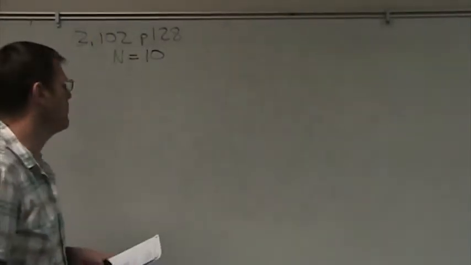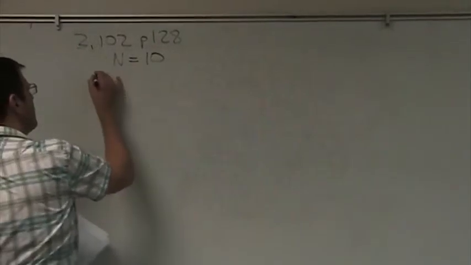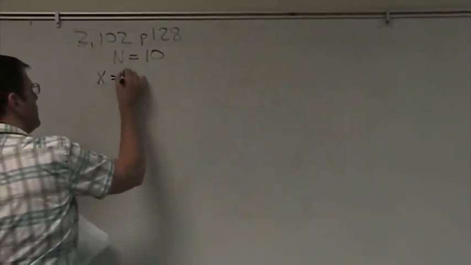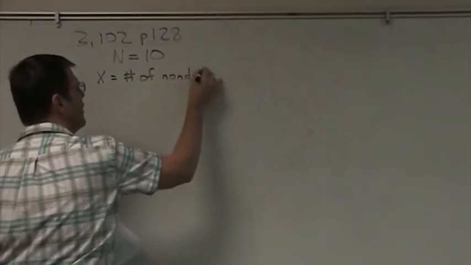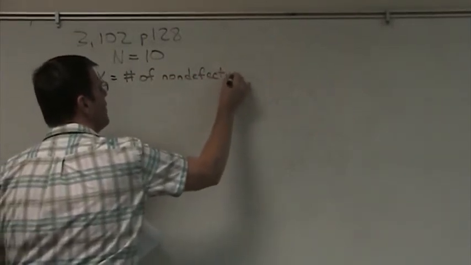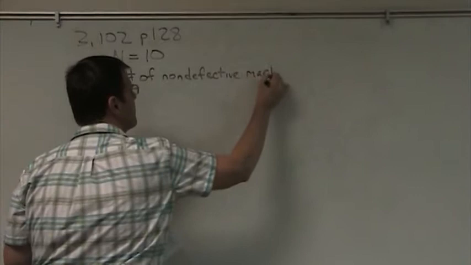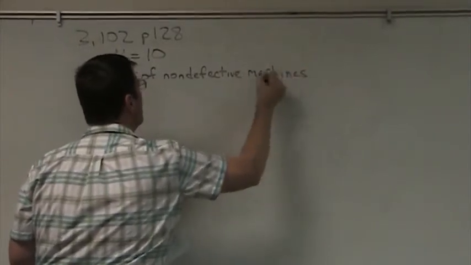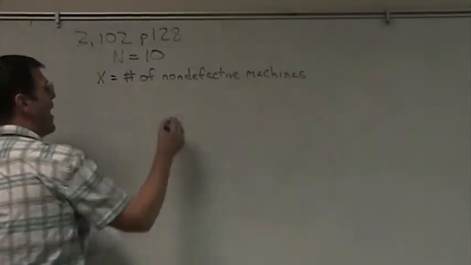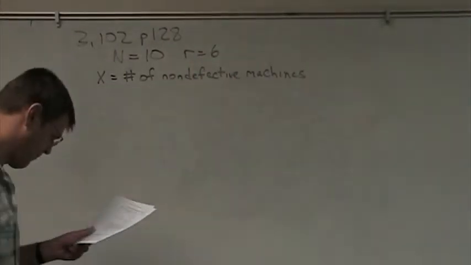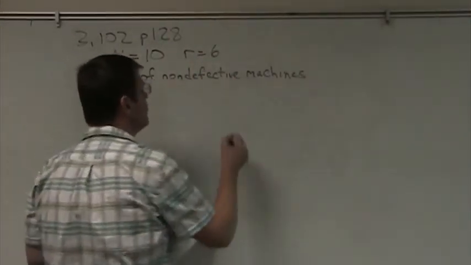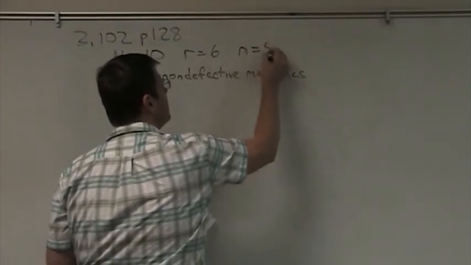So for our purpose here, we're calculating X, the number of non-defective machines. So because we're doing that, the value of R is 6. And 5 machines were chosen.